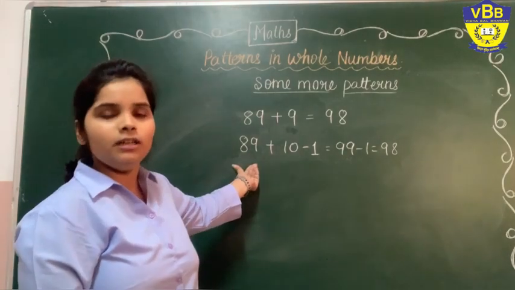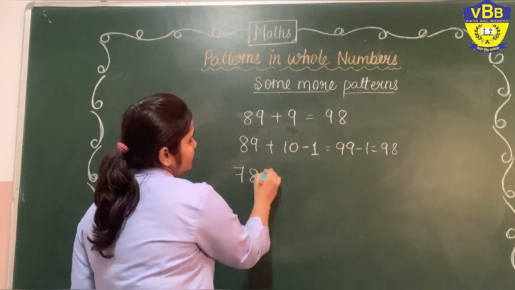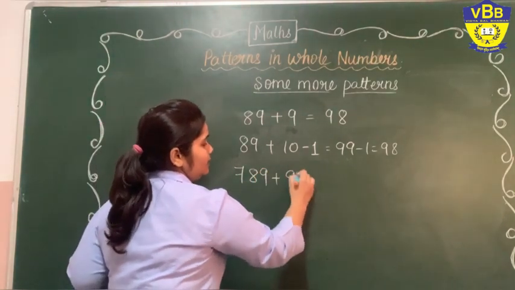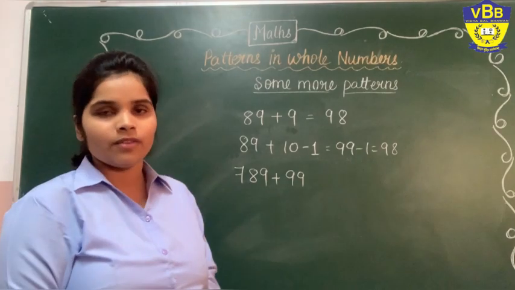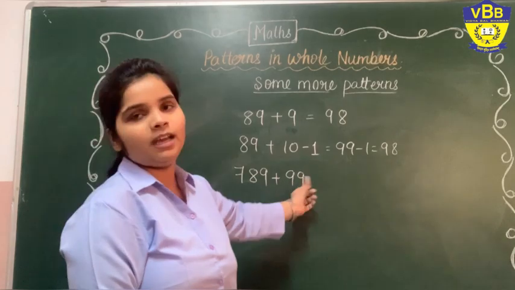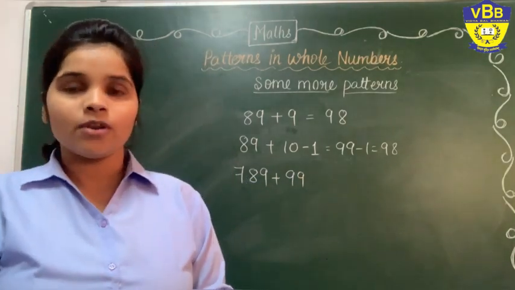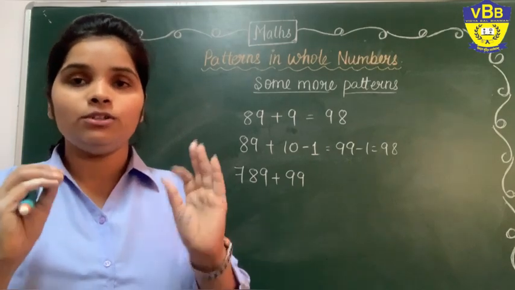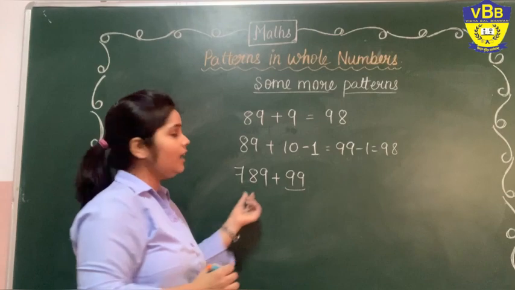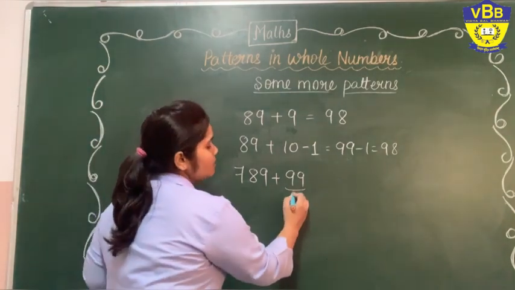This is a smaller number. Let's talk about a bigger number. Suppose I have 789 and now I have to add 99 to it. What will the student do? The student will start writing the numbers in column form and then start doing the calculation. What we can actually do is, can we not add 100 to this number and then subtract 1 from the sum?